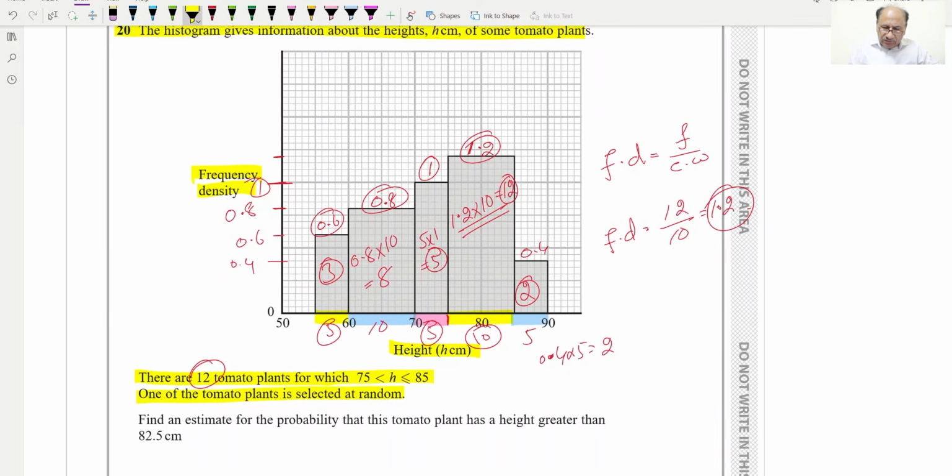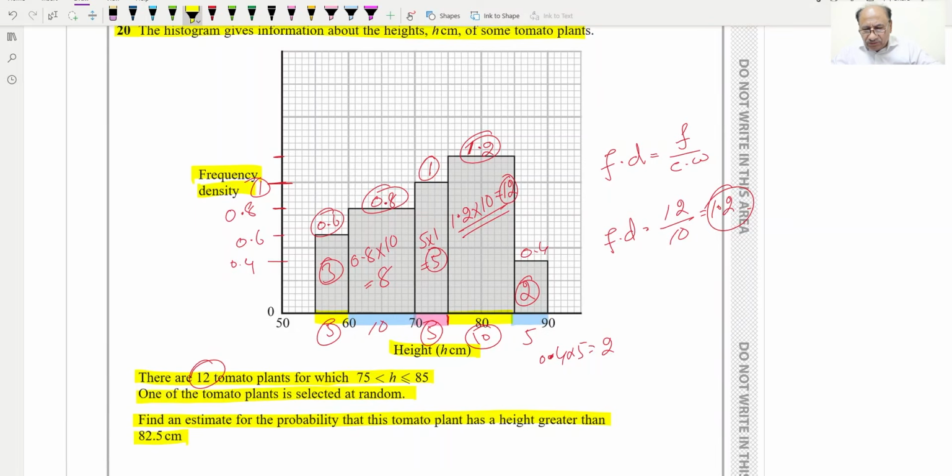Now we can go through the rest of it. One of the tomato plants is selected at random. Find an estimate for the probability that this tomato plant has a height greater than 82.5. Now we have calculated all the frequencies. Now where will 82.5 be?